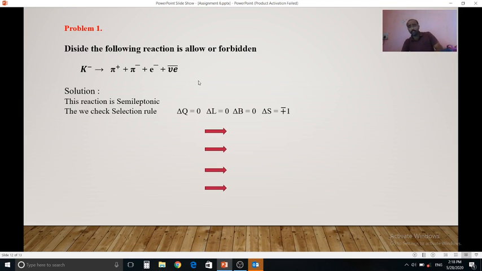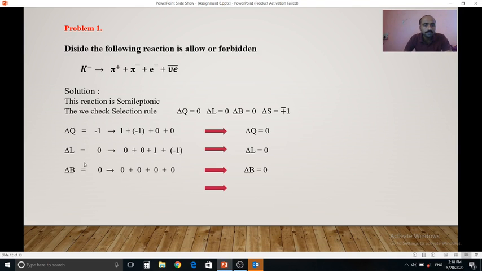In a semi-leptonic reaction, the selection rule is del Q is equal to 0, del L is equal to 0, del B is equal to 0 and del S is plus or minus 1. First of all, del Q, charge, between reactants and products is equal to 0. This is conserved. Then the second one is del L, lepton. Here it is 0 on the reactants side, and on the product side it is also 0.